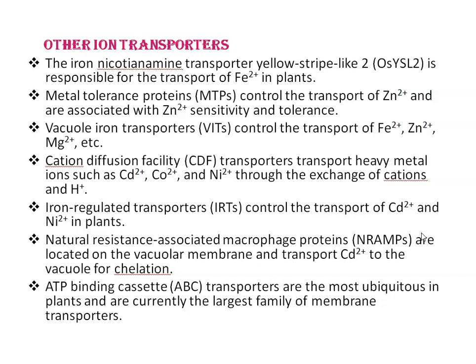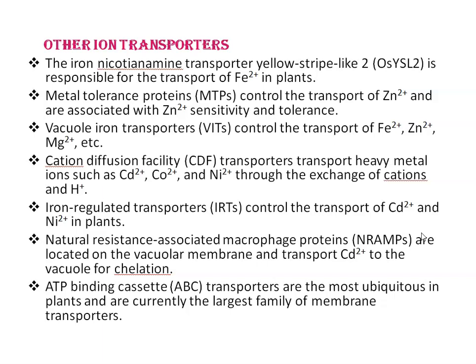Cation diffusion facility, CDF transporters, transport heavy metal ion like cadmium ions, cobalt, and nickel through the exchange of cations and protons. Iron regulated transporters, IRTs, control the transport of cadmium and nickel in plants.